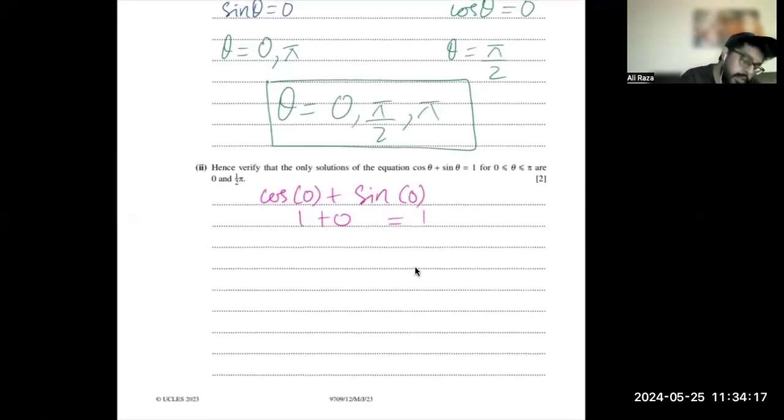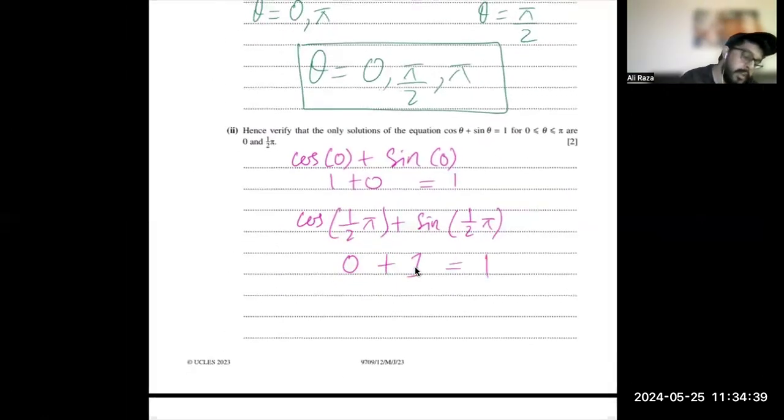When we plug in half pi in this, we'll get 0 plus 1, which is also equal to 1.